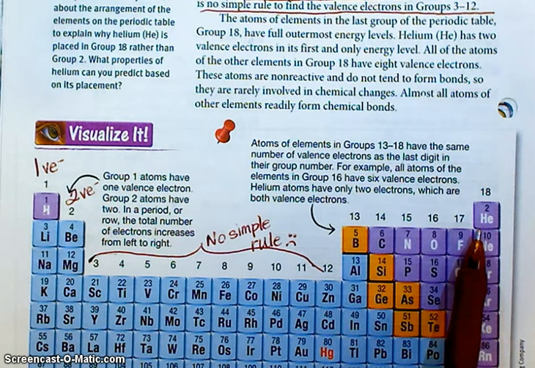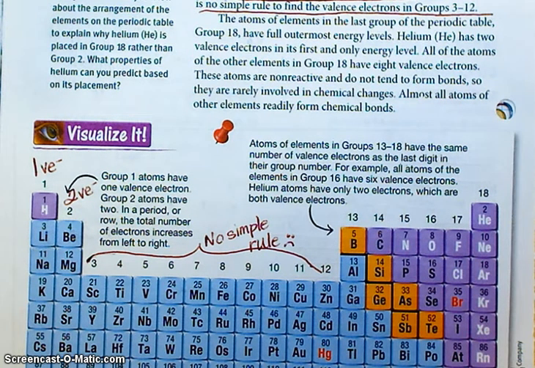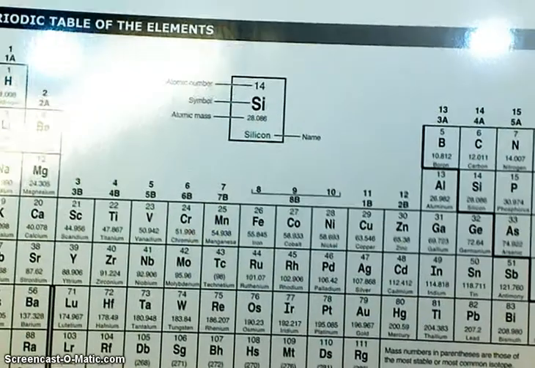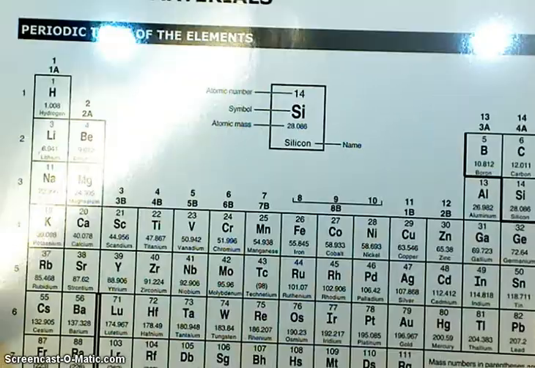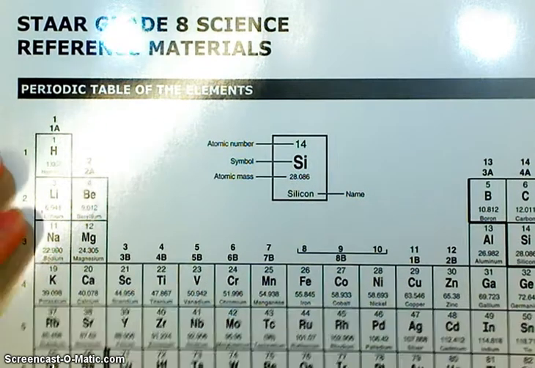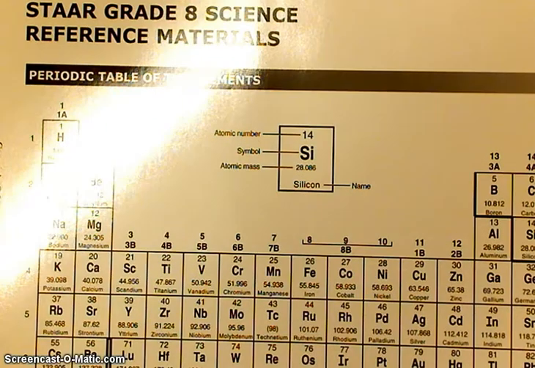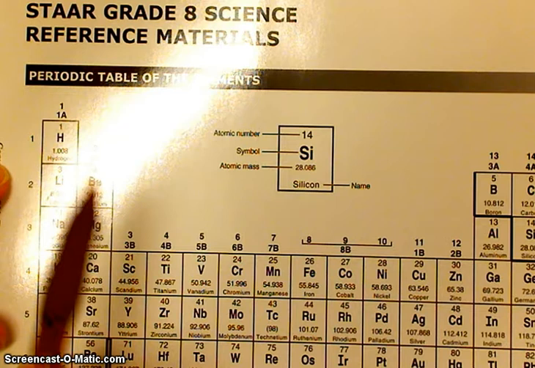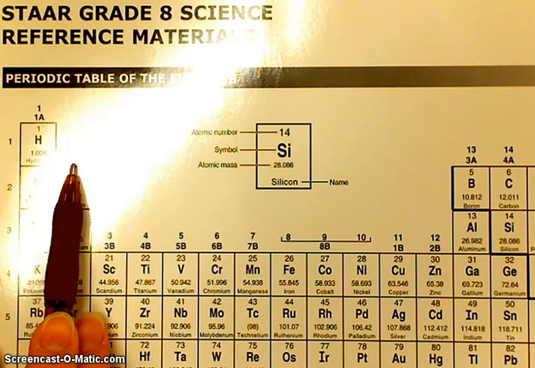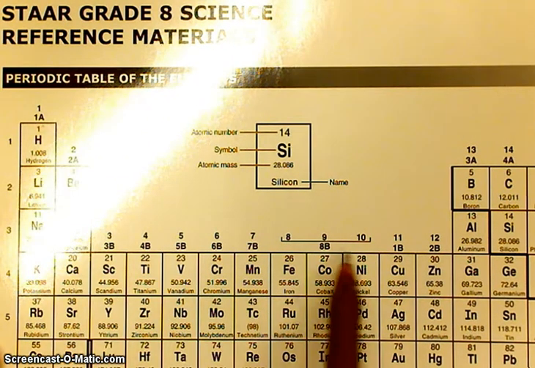Does everybody see that? Some periodic tables, like this one, I'm sorry about the glare, but these columns are A columns, the tall columns, and the short columns they designated as B columns.